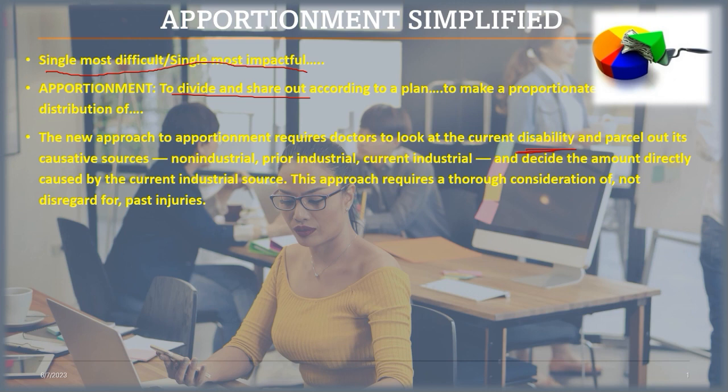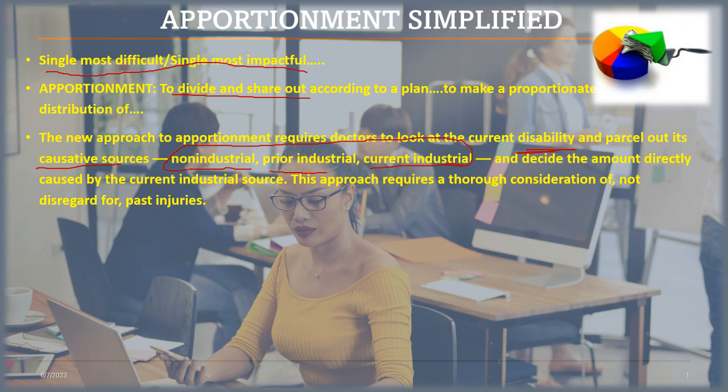So we look at the current impairment and we parcel out its causative sources, the causes of that impairment, whether that cause be non-industrial, whether it be due to a prior industrial injury, what is the percentage that needs to be parceled to the current industrial injury, and all these various causes, and this is not a complete list, and decide the amount directly caused by the current industrial source, and then therefore the percent caused by other sources, which are referred to as other factors.